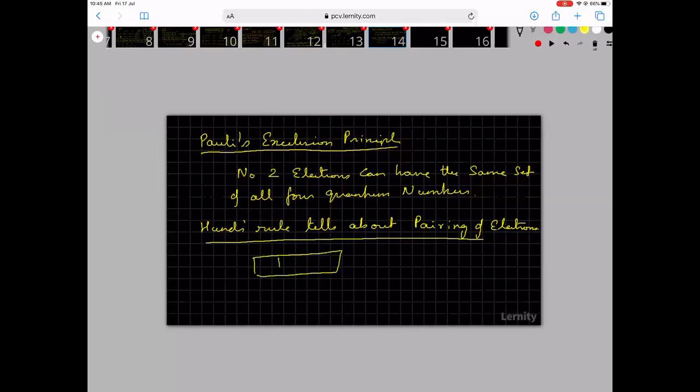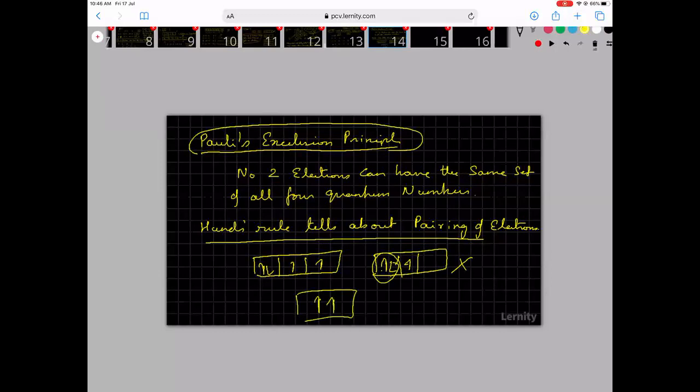Pairing will take place only after each orbital gets an electron. Till then pairing will not take place. Then the fact that there should be plus half and minus half is coming from Pauli's exclusion principle, because if both have the same spin, they will have the same set of all 4 quantum numbers. So it is not possible. That is why two different electrons will have 2 different spins, so that now all 4 quantum numbers will be different.